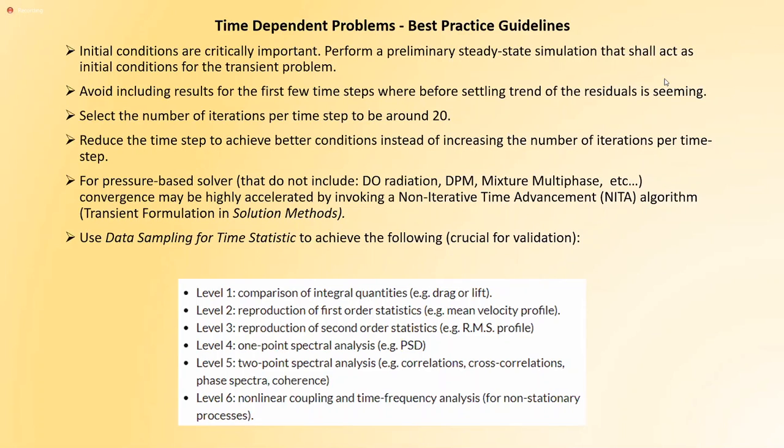It's a rule of thumb, but you should not run 100 iterations per time step. If you have this kind of problem, then just lower the time step, and that's what you should do. Reduce the time step to achieve better convergence instead of increasing the number of iterations. Okay, that's what I just said.